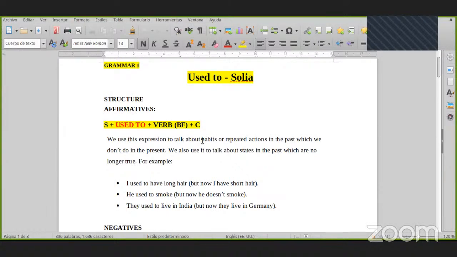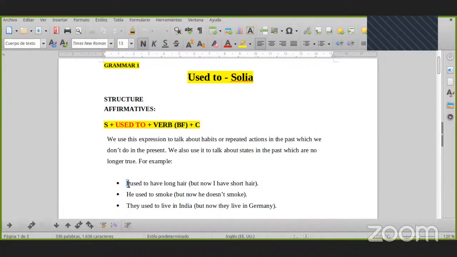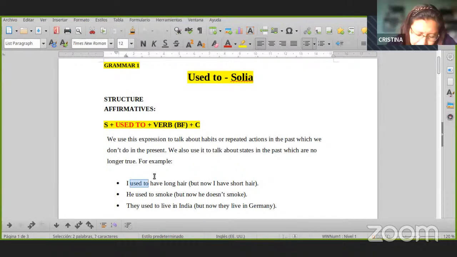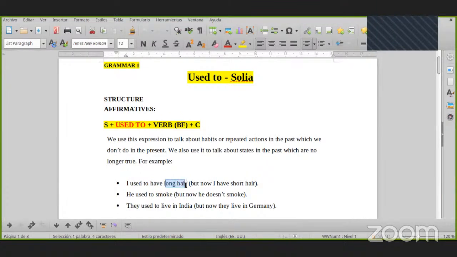For example: I, the subject, used to, the auxiliary, have, the verb, and long hair, the complement. I used to have long hair, but now I have short hair. So, "yo solía tener cabello largo, pero ahora tengo cabello corto." The things changed from past to present.